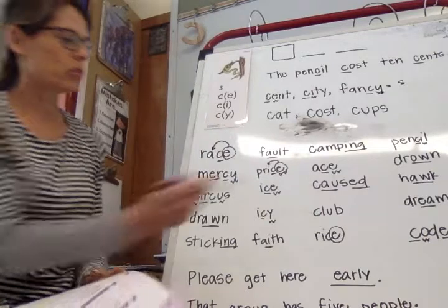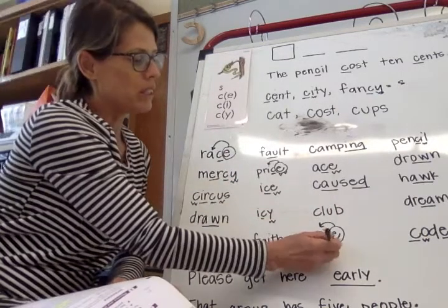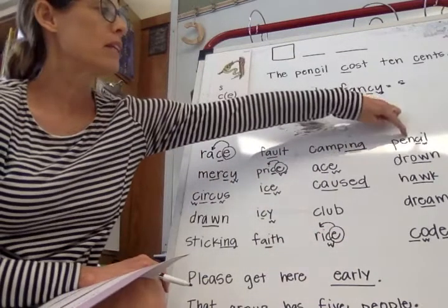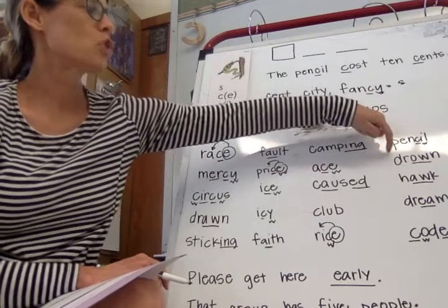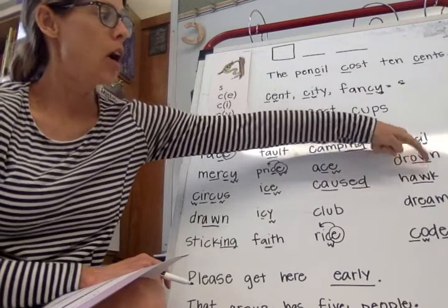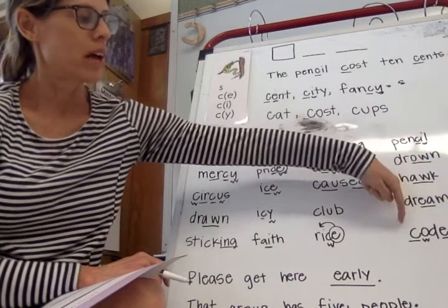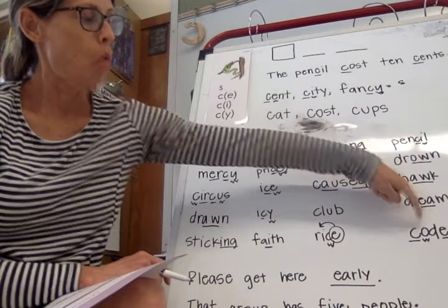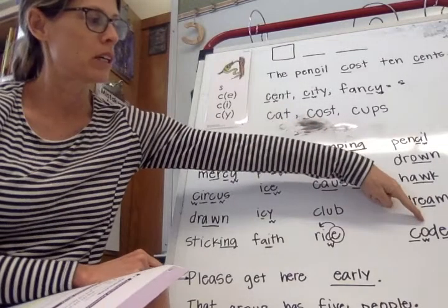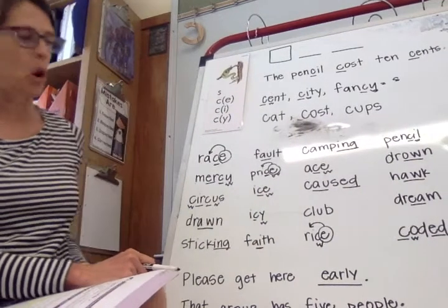Ice. So there's that silent E telling I to say its name, but also the C with an E after it, so it makes this sound. Pencil. And K. O. So here's the O. It's making the K sound. Coded. There we go. Coded.